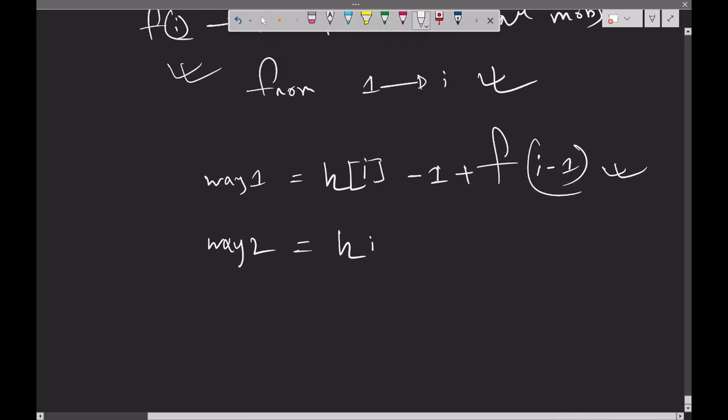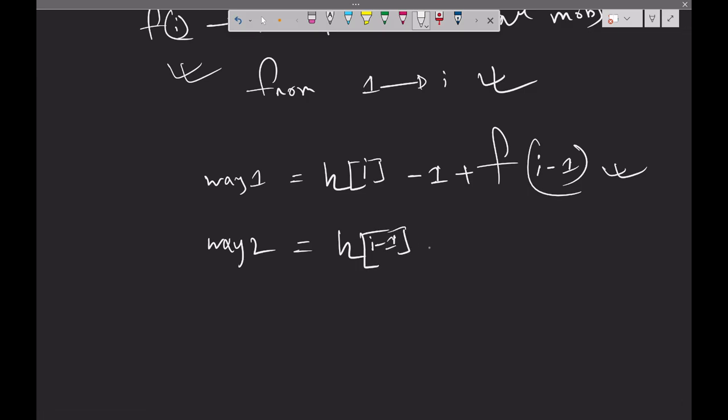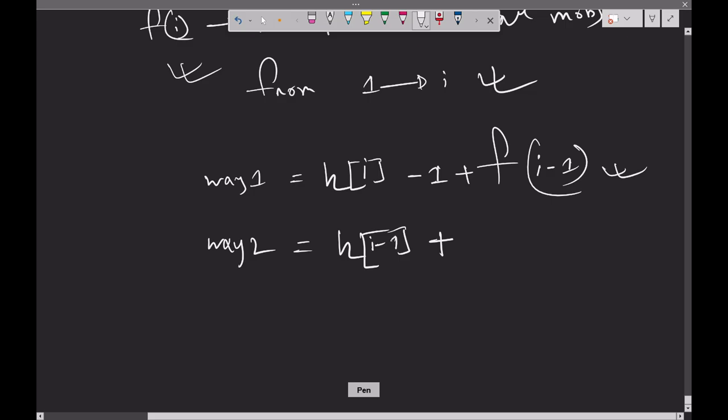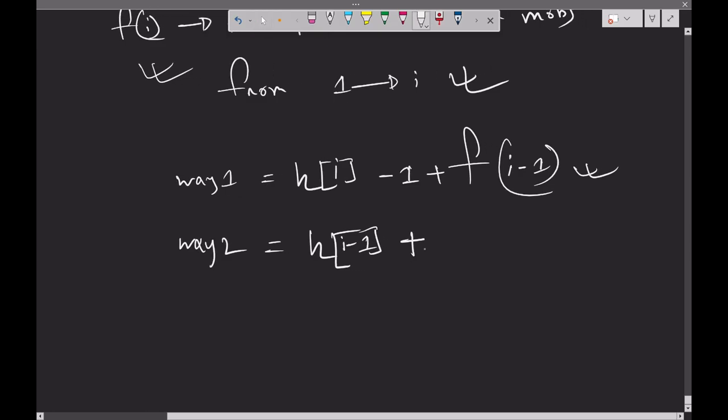So it will require health of I-1 to kill the element below it, an operation of health of I-1.